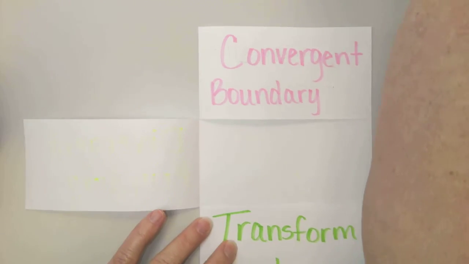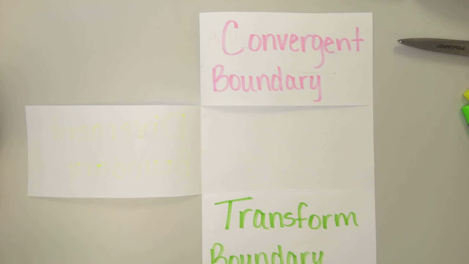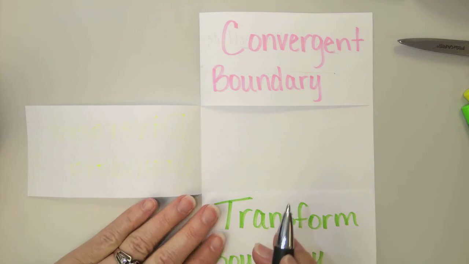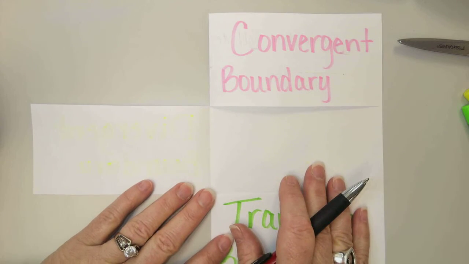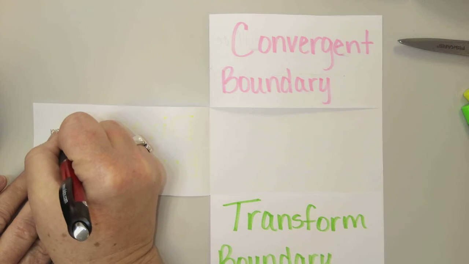The divergent boundary is one where the prefix di means apart or away. So when you've got that prefix, you've got divergent, which means it's moving away.